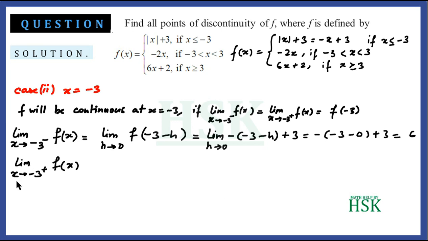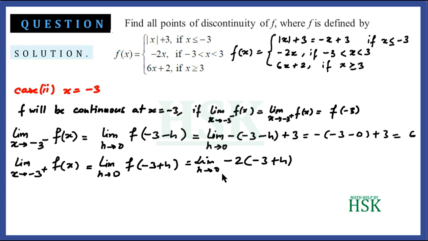And similarly limit of x tends to minus 3 positive of f(x) would be equal to limit of h tends to 0 of f(minus 3 plus h), which is limit of h tends to 0 of minus 2 into minus 3 plus h, and this would be equal to minus 2 into minus 3 plus 0, or 6.